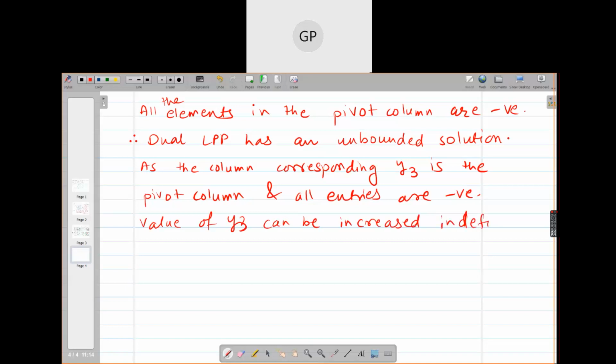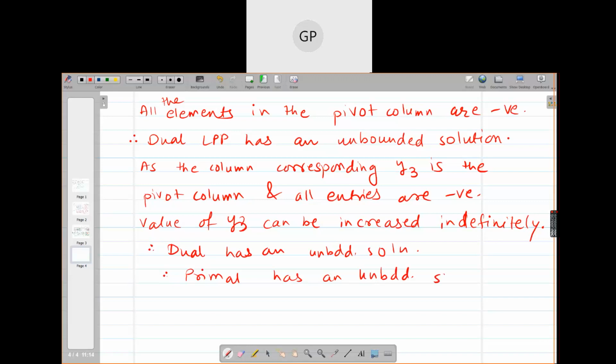Okay, this is the reason. Therefore, the dual has an unbounded solution. And therefore, the primal has an unbounded solution.